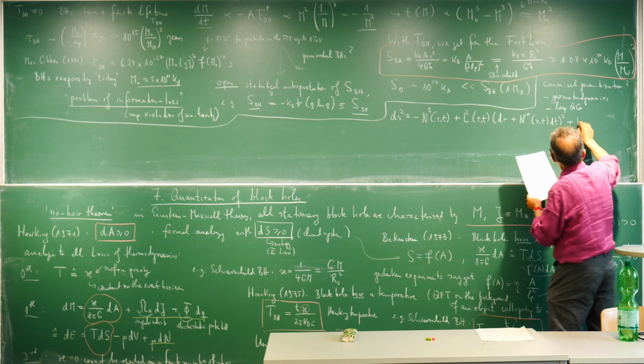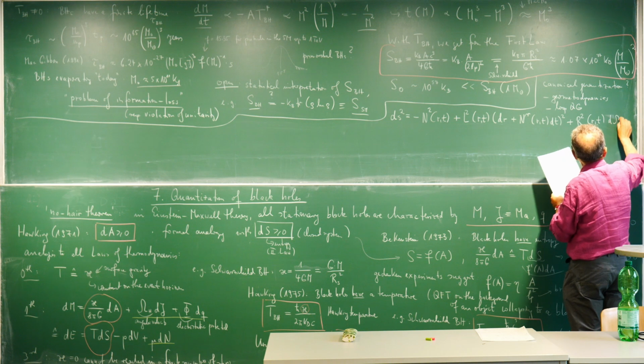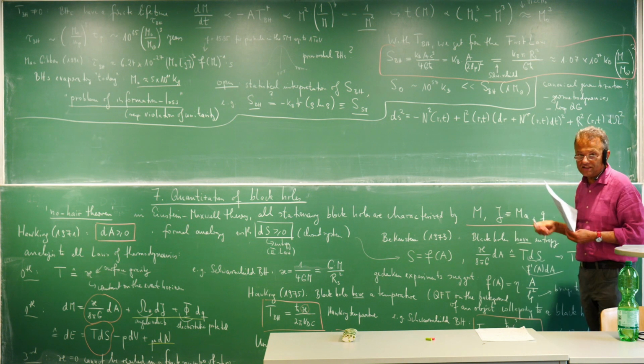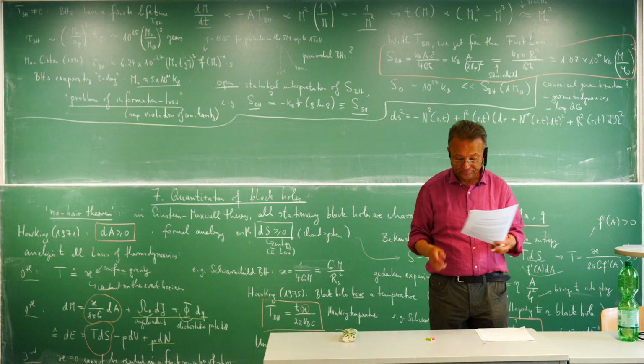And then you have R squared of r and t times dΩ squared. This dΩ squared contains the angles. It's the standard line element on the 2-sphere.